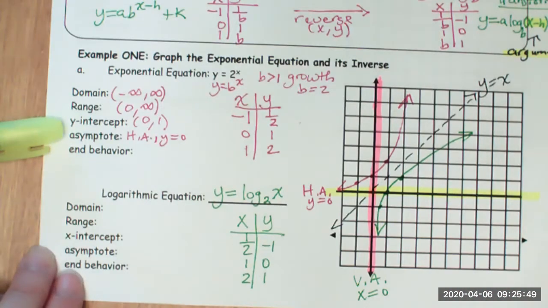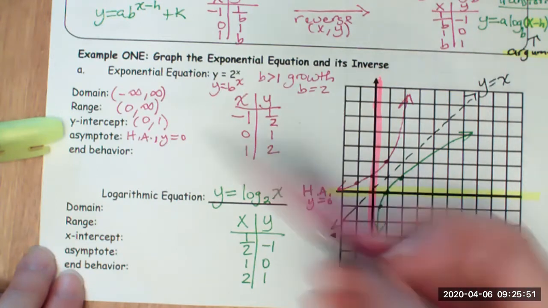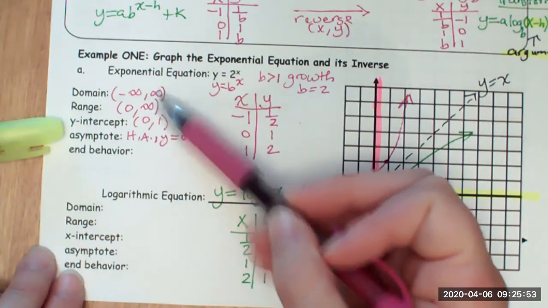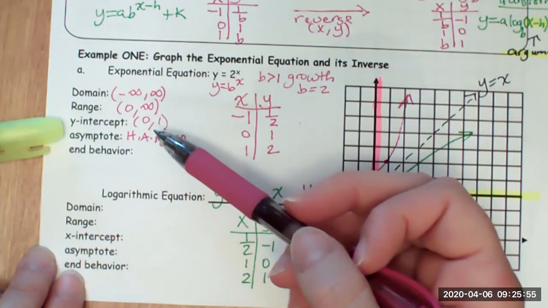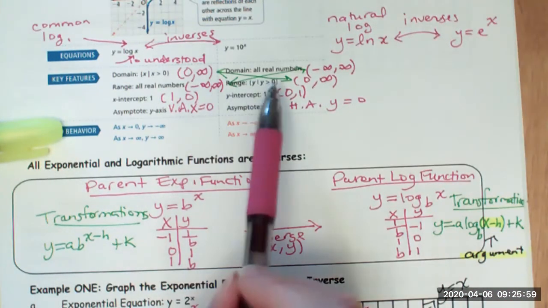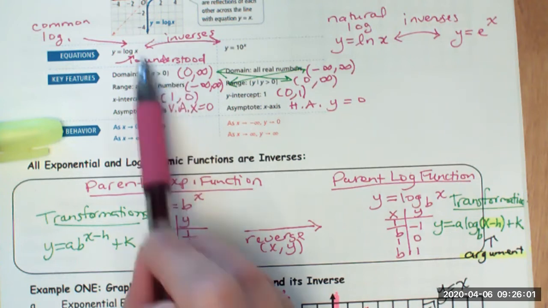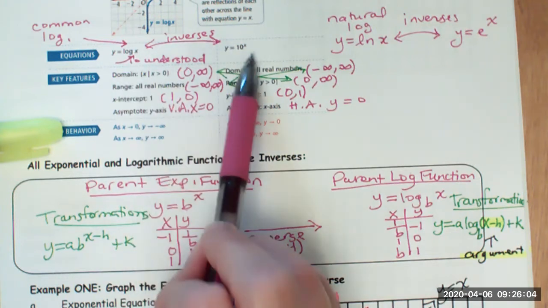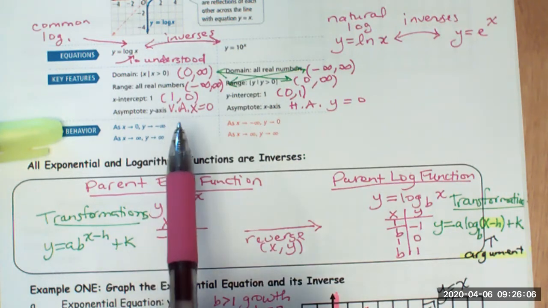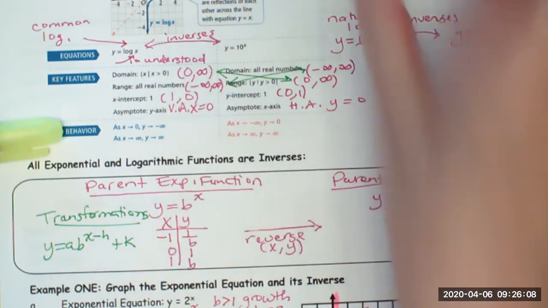Okay, so let's fill in this domain and range here. Now, when I fill in the domain and range, you can notice I can just reverse the domain and range from the exponential. And again, it's the exact same domain and range that we had for y equals log x, because these parent log and exponential functions are going to have the same domain and range regardless of the base.